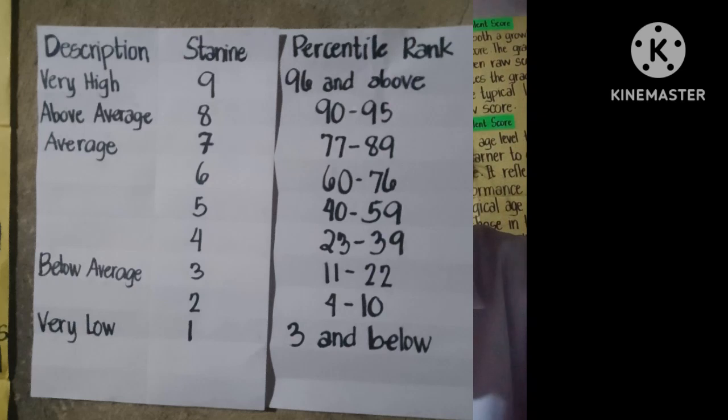Below average: 3, 11 to 22 percentile rank; and 2, 4 to 10 percentile rank. And the very low 1 is 3 and below percentile rank. So we understand the Stanine better from lesson 8, where they discussed how to get that certain Stanine score.